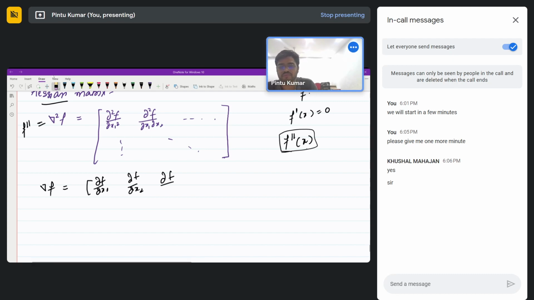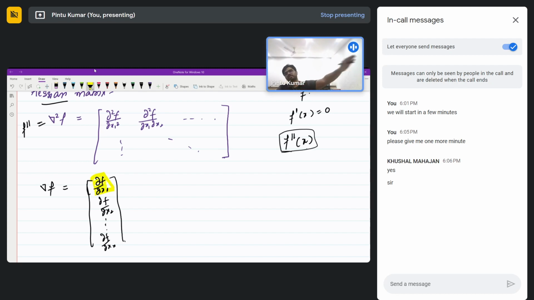Let's write it in column form, which is more intuitive. Now you want to take the double derivative. For the first element, you will again take its derivative with respect to every variable and write it as your first row.